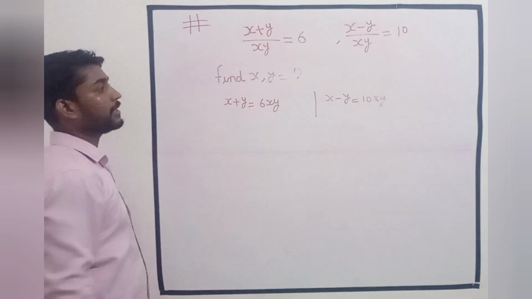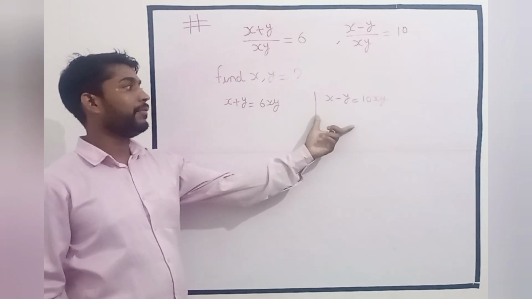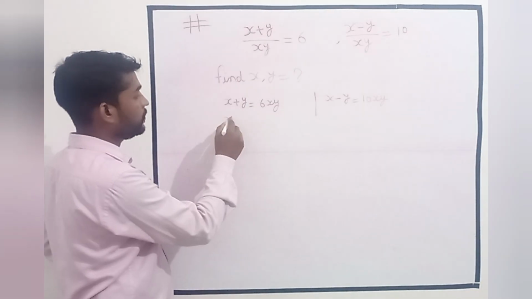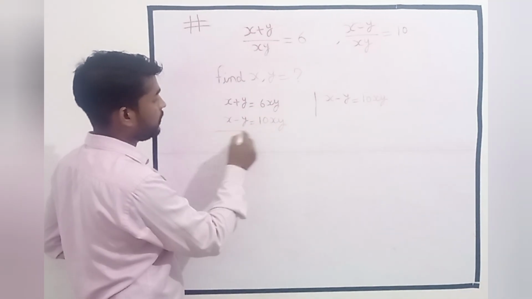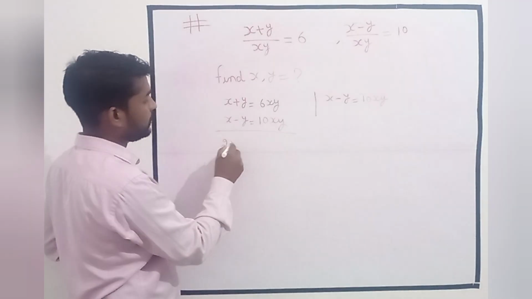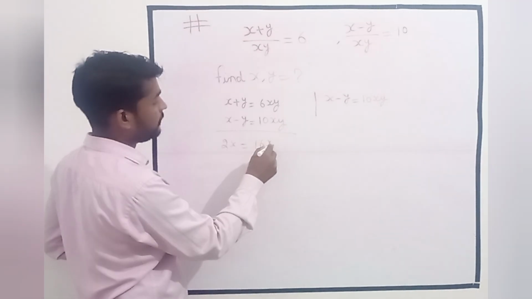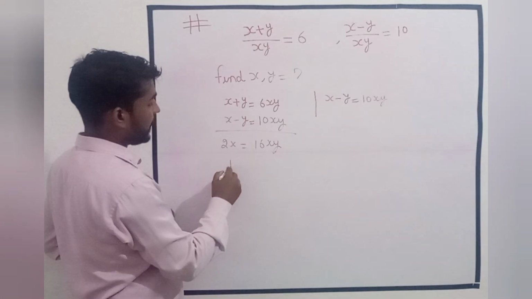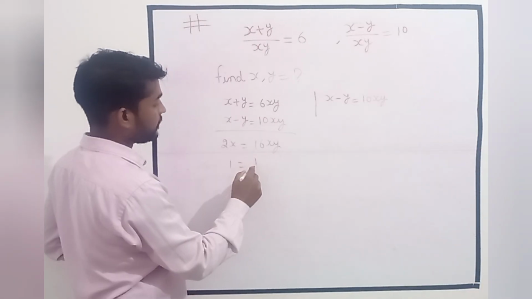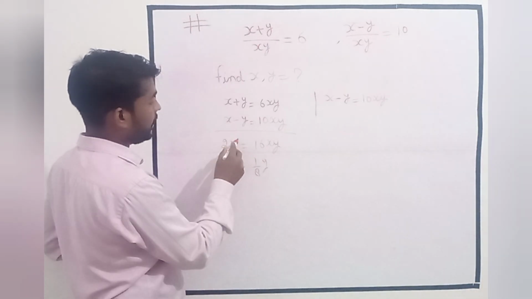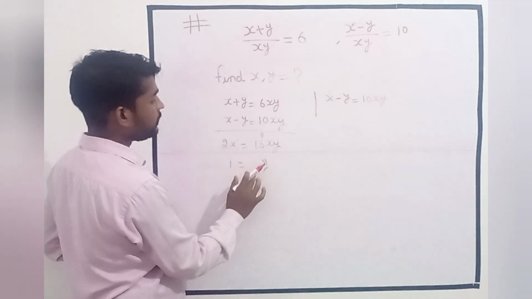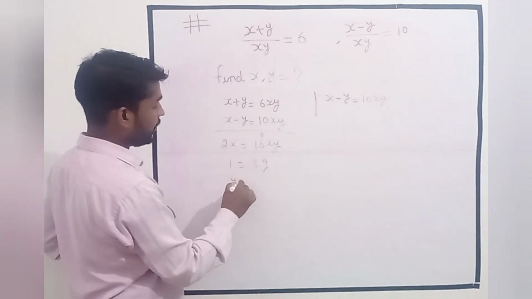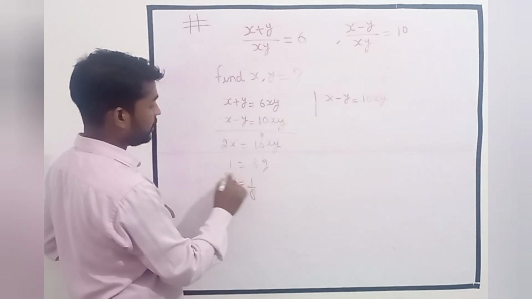Here the x and y have the same coefficient, and we will add these two, and then we have 2x equal to 16xy, and then 1 equal to 1 upon 8y, and 2x cancel out this 2 and 8y, and the value of y equal to 1 upon 8.